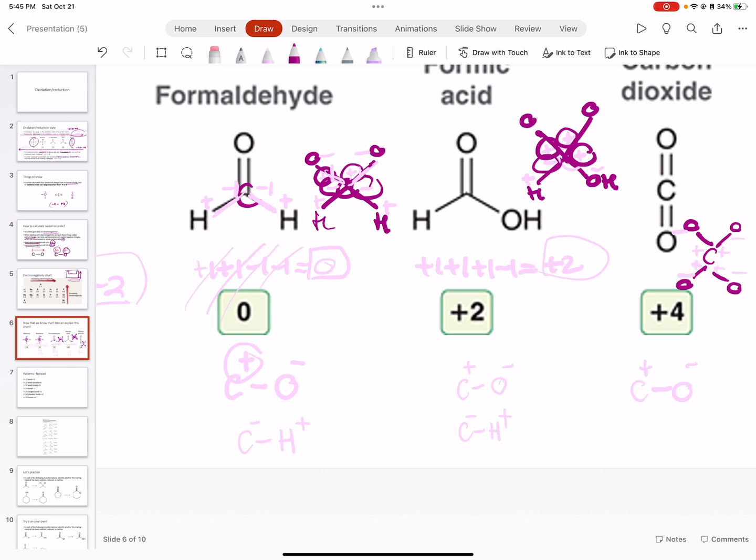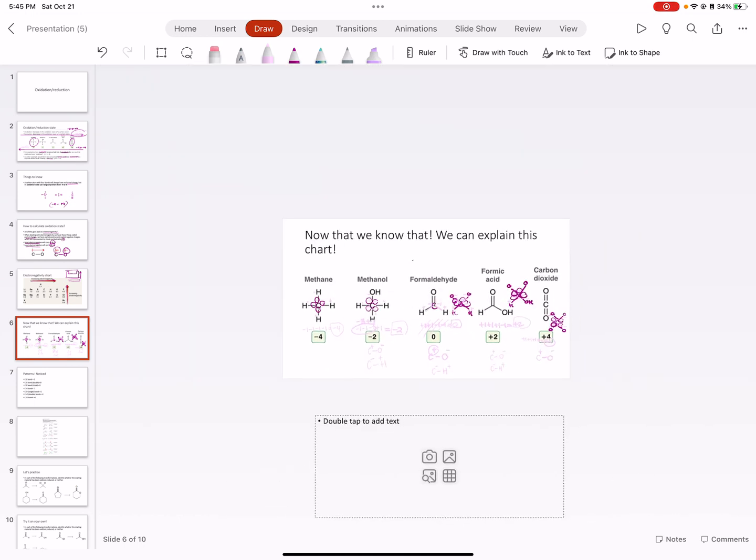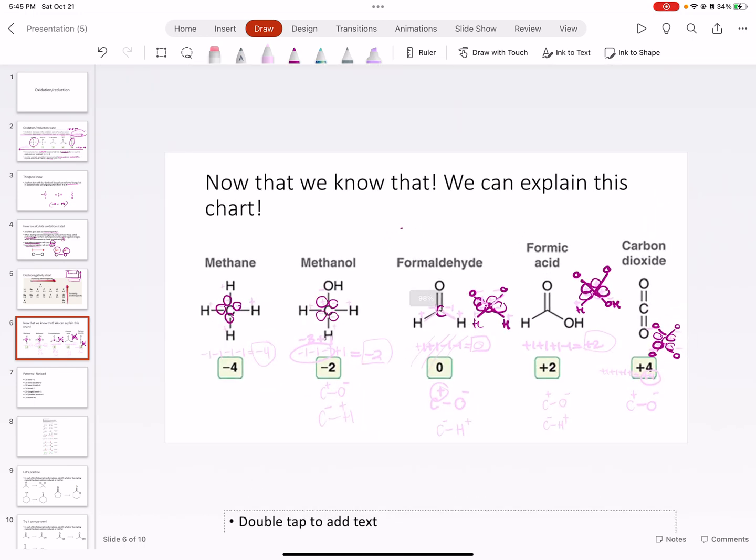We have 4 positive charges surrounding our carbon. So then we have +1, +1, +1, +1, which is gonna equal a +4. See, it's way easier to explain it now, right? That we know how everything works.